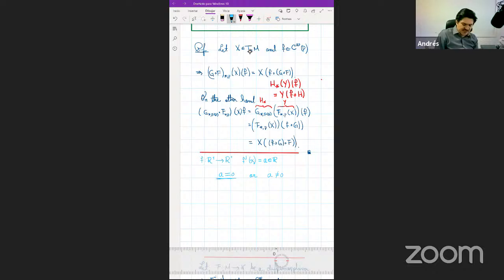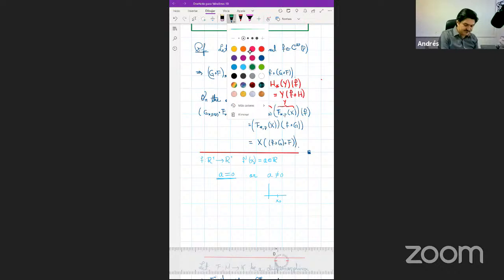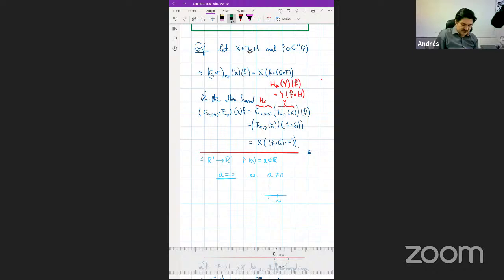Here is when you say that x naught is a critical point, and here you at least know that the graph, I don't know how, but you have an inverse.